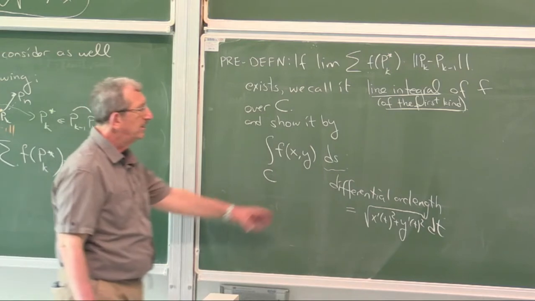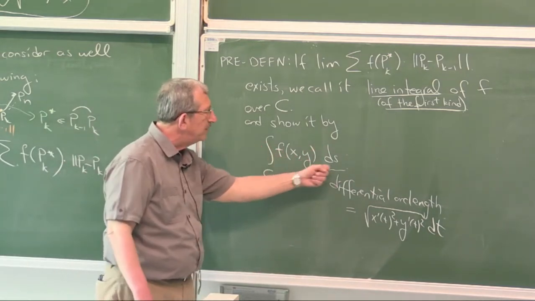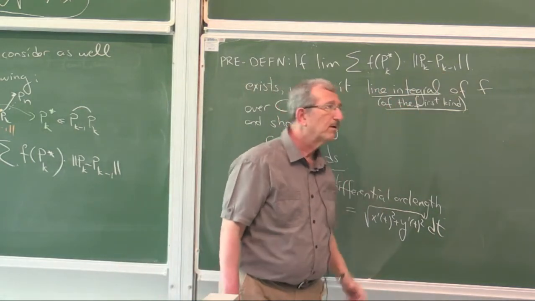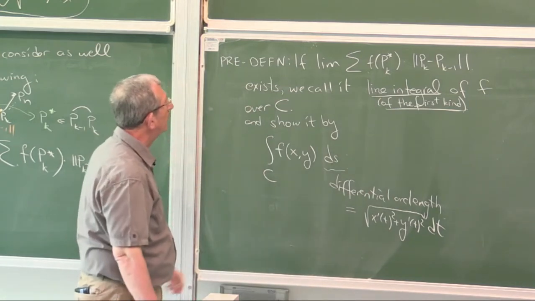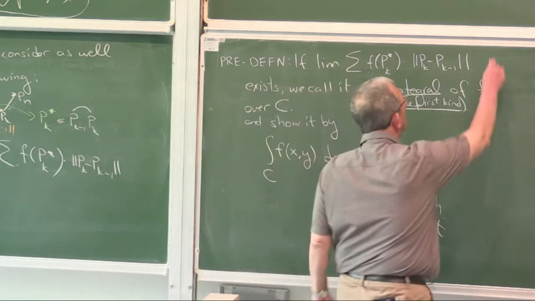So this is the differential arc length. This is the way of showing it, but actually instead of ds, we put the length of the line segments. Well, if this exists, we call it the line integral of the first kind of f over C.